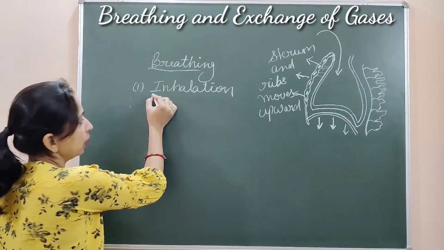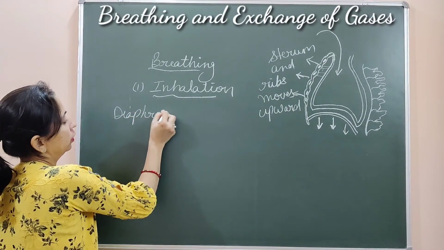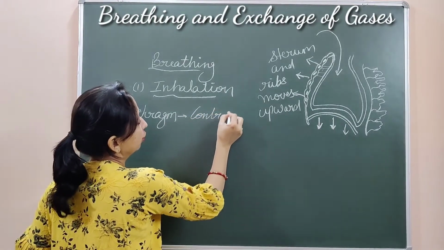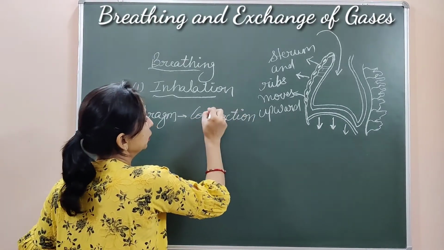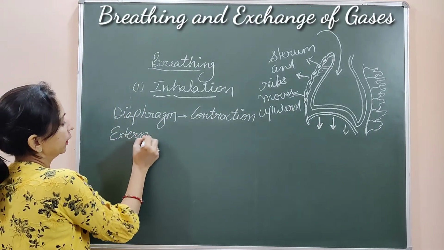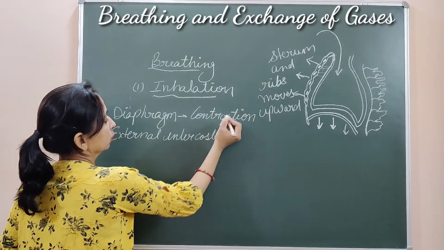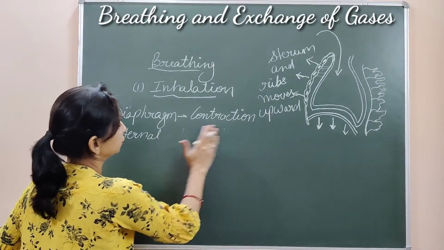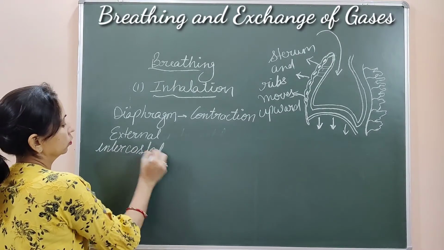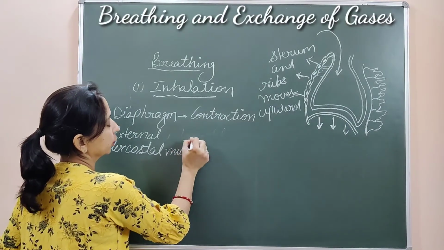During the time of inhalation, the diaphragm shows contraction. So contraction in the diaphragm happens, and the external intercostal muscles, let's write it here, intercostal muscles, they also show contraction. इनमें भी क्या हो रहा है?